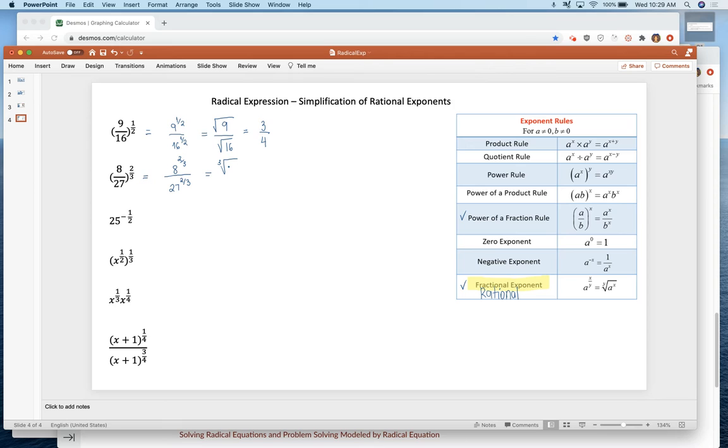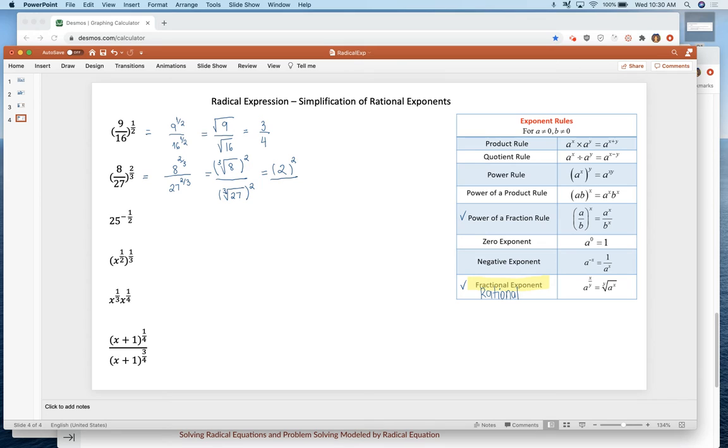And then I will rewrite this as such: cube root of 8, but see that the numerator is 2, not 1 as in the previous one, so I will write it as power of 2. And I do the same with the denominator: cube root of 27, and the result of this to the power of 2. Okay, cube root of 8 is 2, so 8 is a perfect cube, but this result is squared.